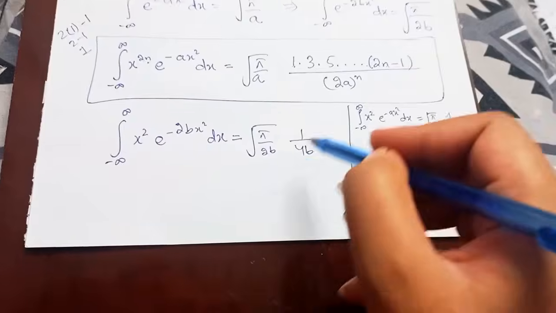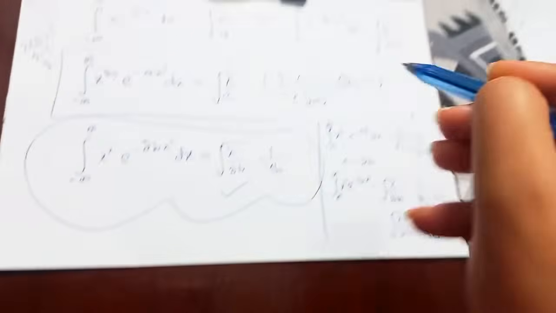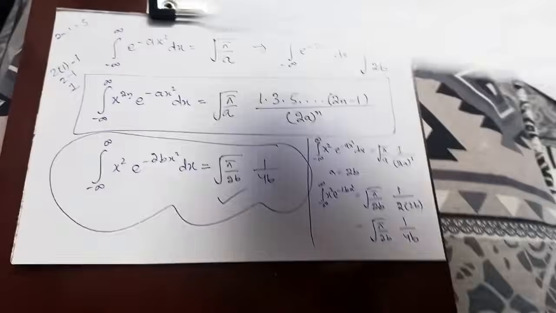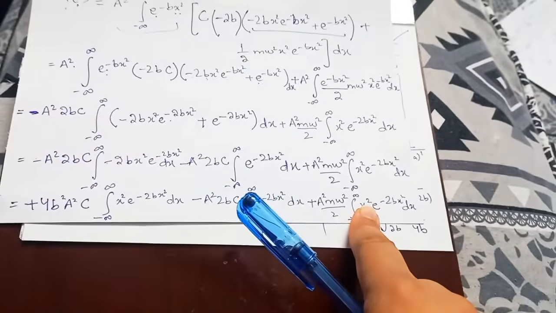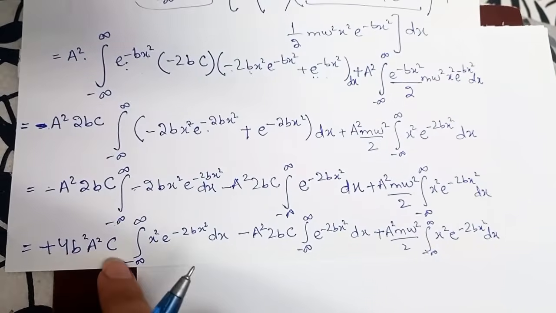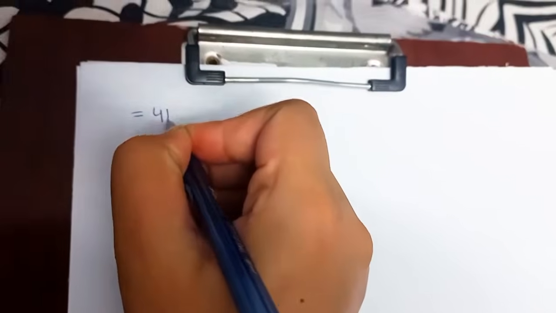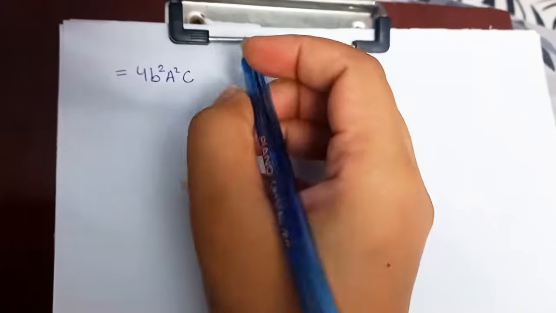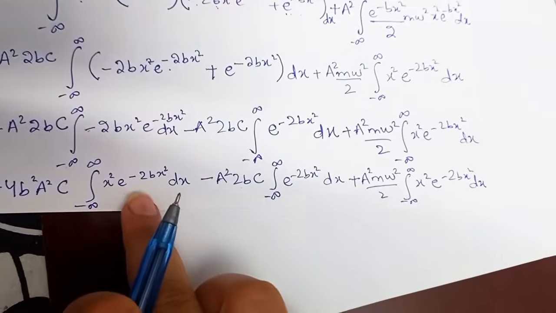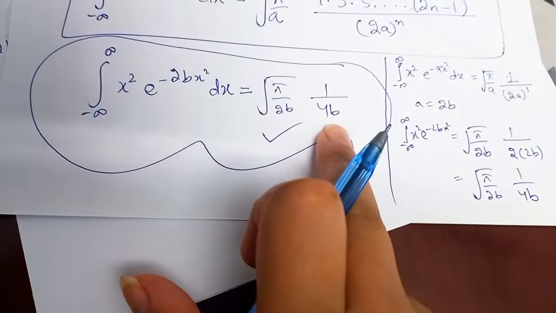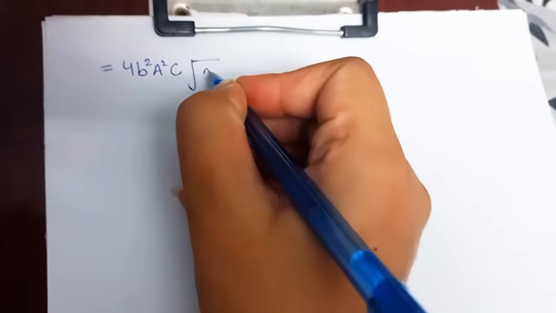So we need to insert this value and this value right into these integrations. Let's do that. Here I'm writing starting from here, and I'll put the values of these integrals as I proceed with writing it. So 4b squared a squared c, then comes this integral, x squared, and here is the value of this integral. I'm just putting it right into this place.